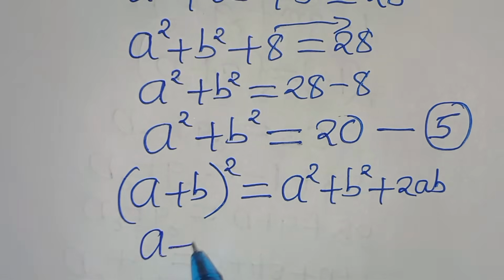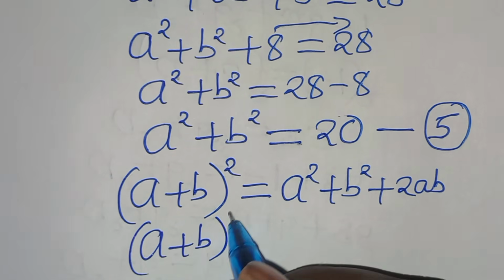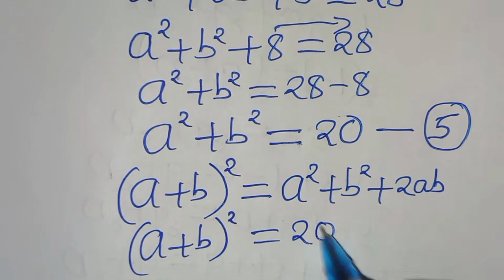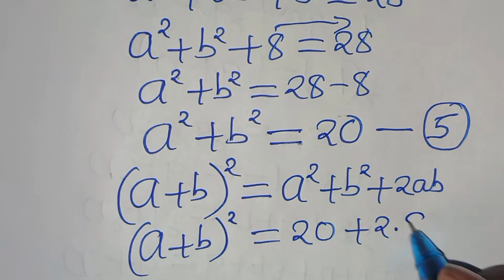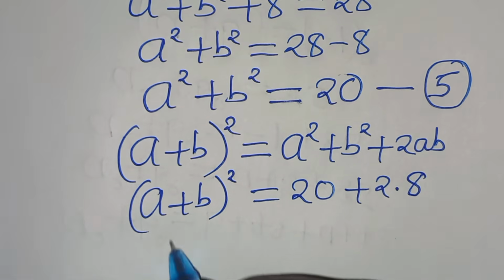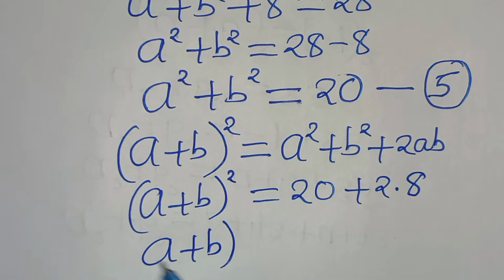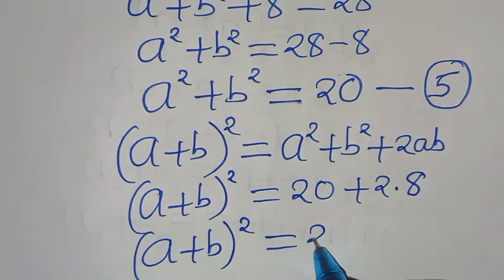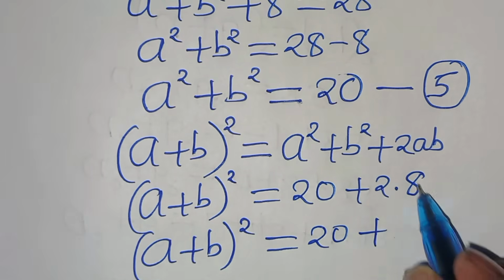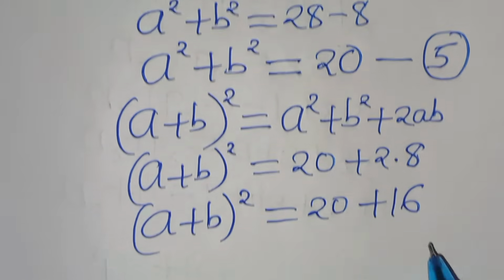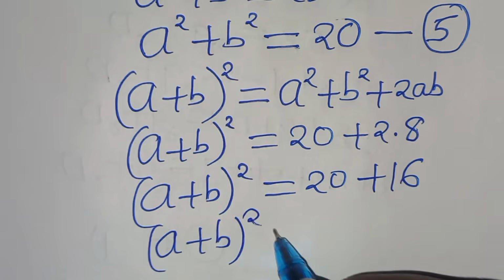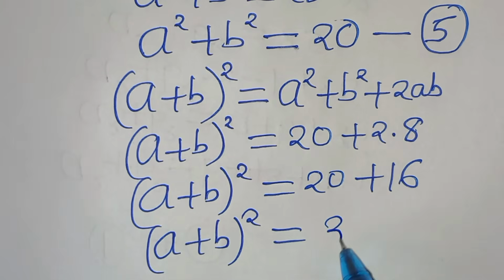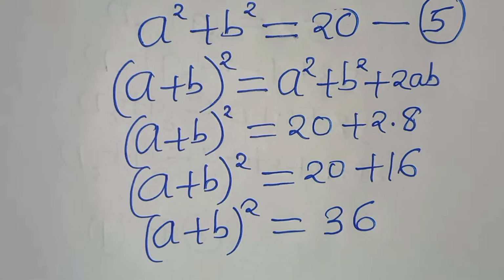So a plus b raised to the power of 2 is equal to 20 plus 2 multiplied by ab. ab is equation 4, which is 8. So this means that a plus b raised to the power of 2 is equal to 20 plus 2 times 8, which is 16. So we have a plus b raised to the power of 2 equal to 20 plus 16, which is 36.